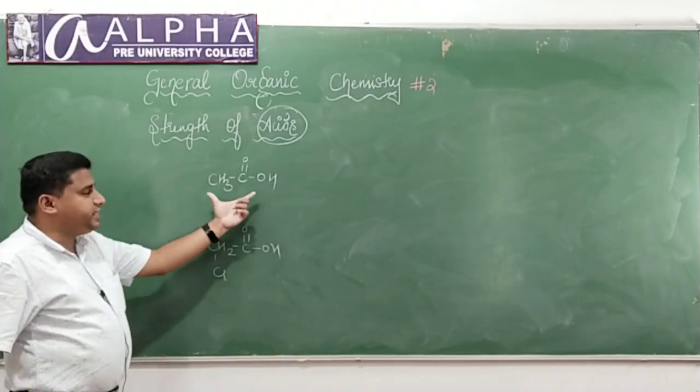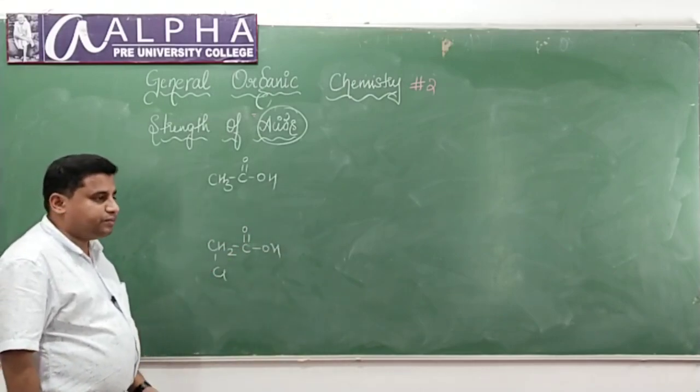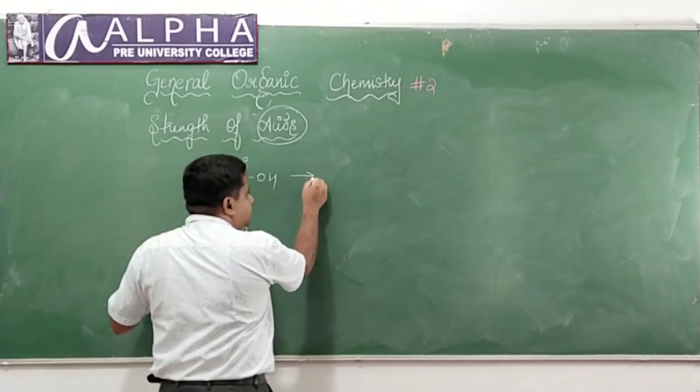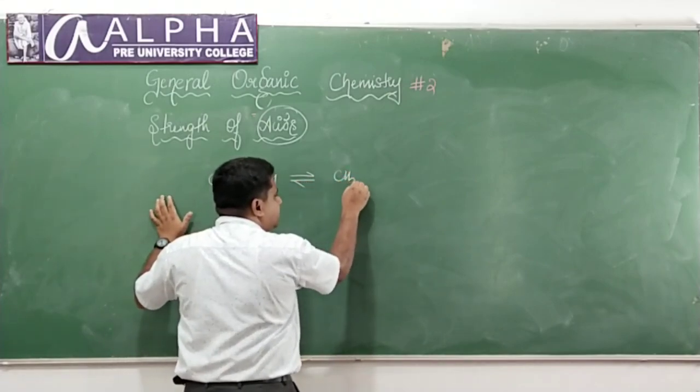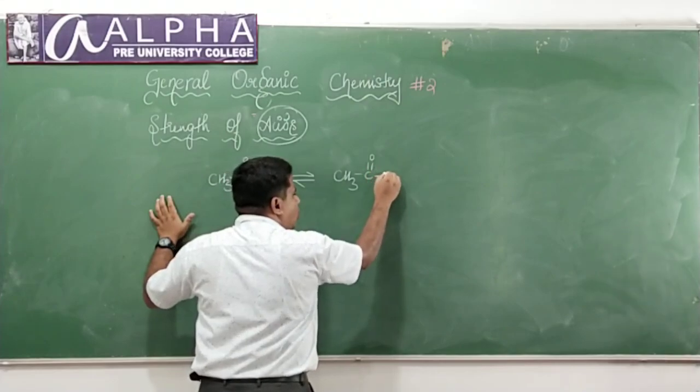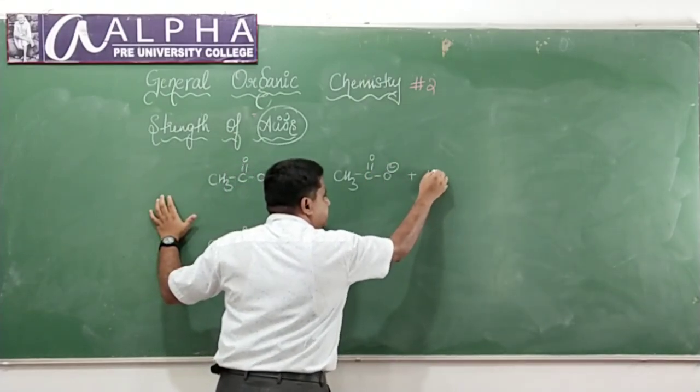What is this? Acetic acid and chloroacetic acid. When acetic acid is dissolved in water, it gives CH3, C double bond O, O minus and H plus.